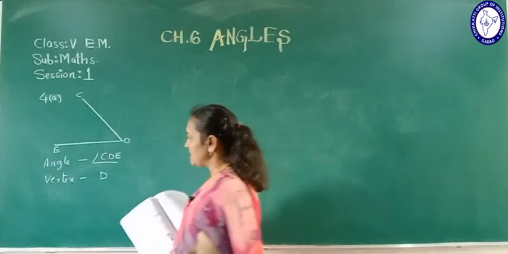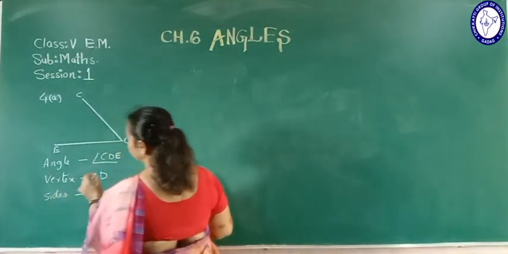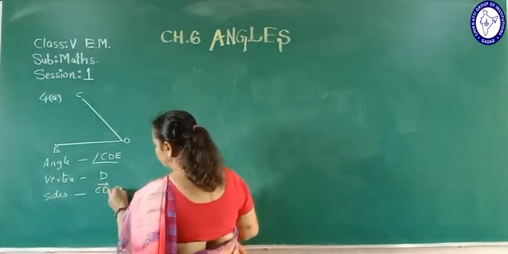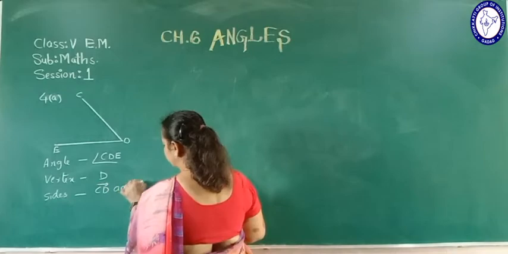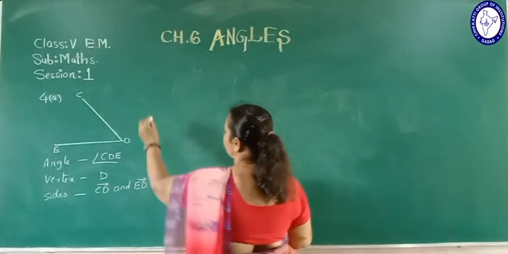Then which are the arms or sides? Here the sides are CD and ED. This understood?